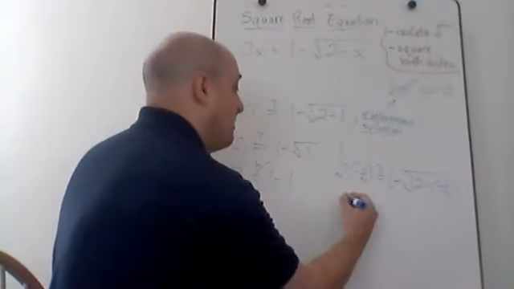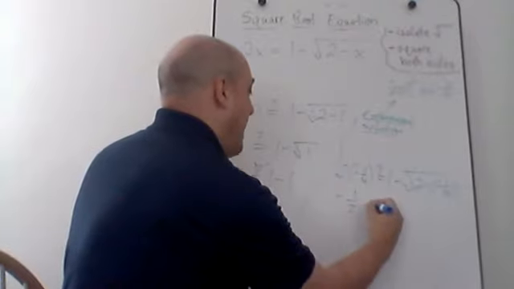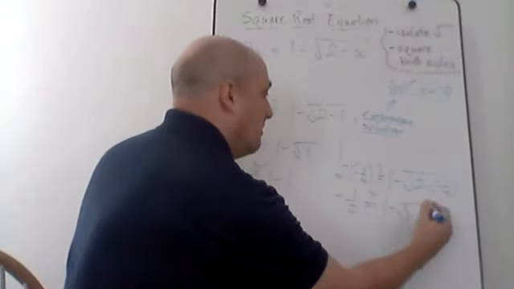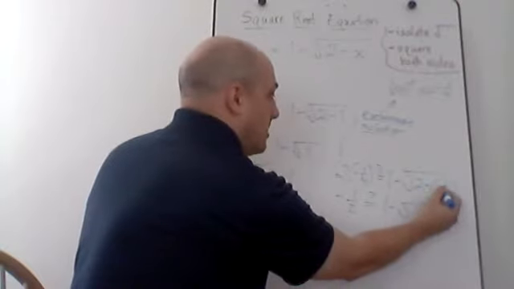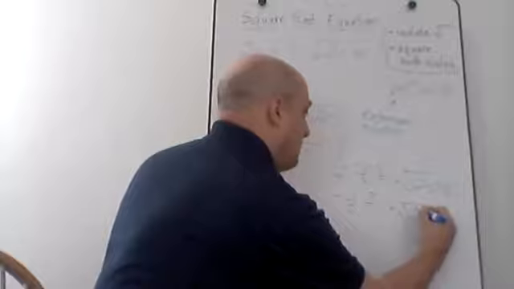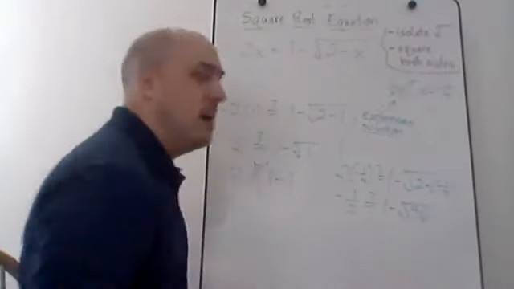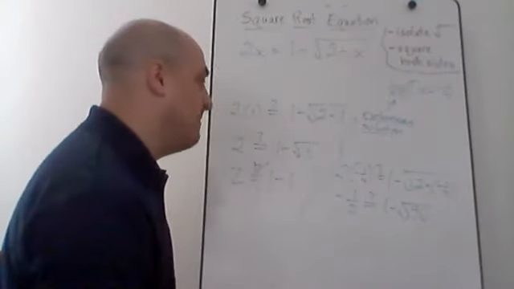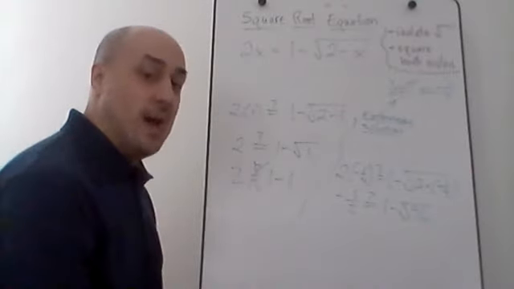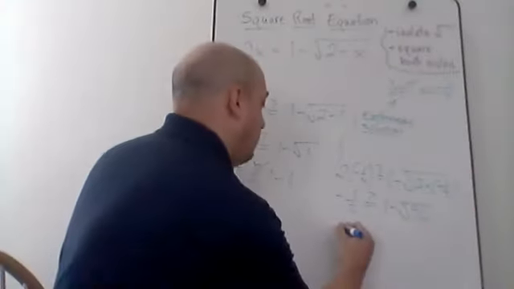2 times negative 1/4 is going to be negative 1/2. And I want to check if that's equal to 1 minus the square root of 2 minus 1/4. That's going to be 2 plus 1/4. That's 8/4 plus 1/4, so that's going to be 9/4. I'm just working through this quickly just to see if this works out. If you need to take more time and think about it and find your common denominators and all that stuff, go ahead and do all that.